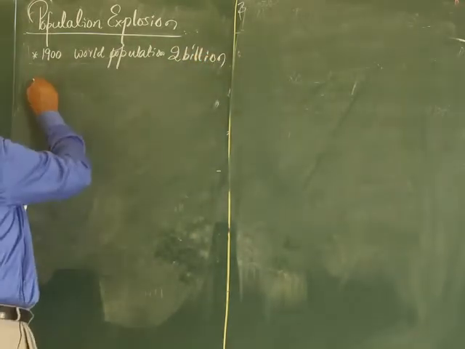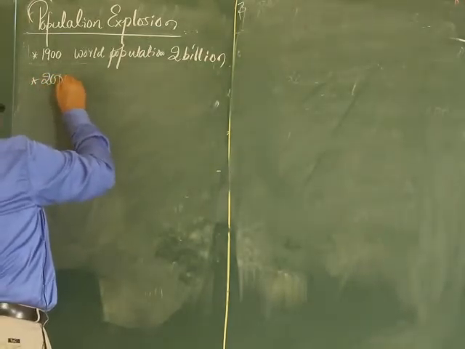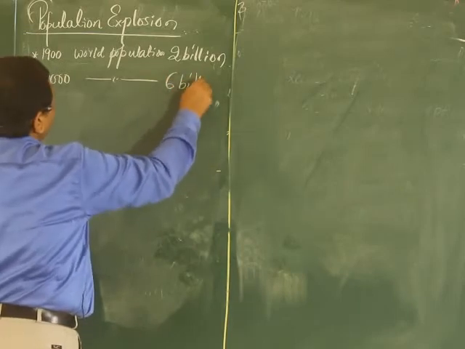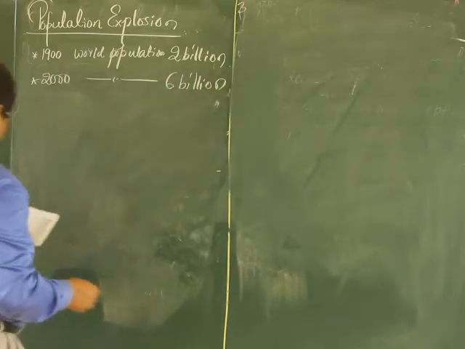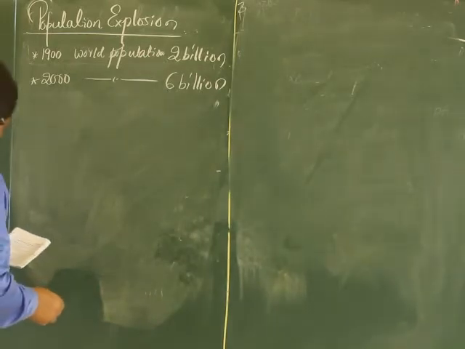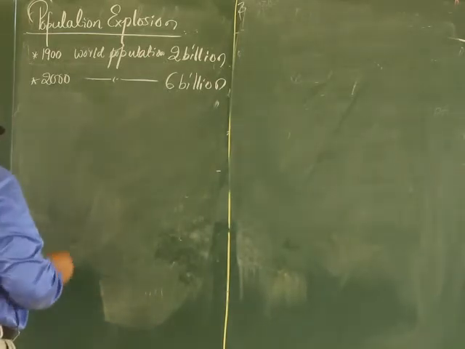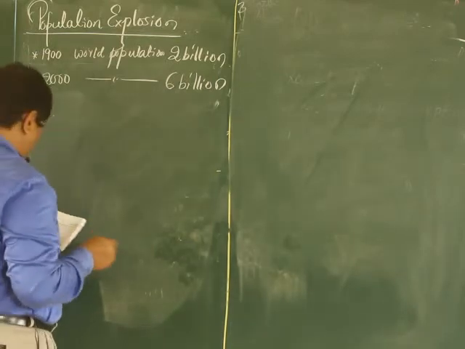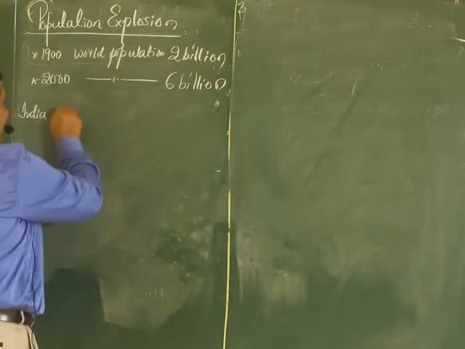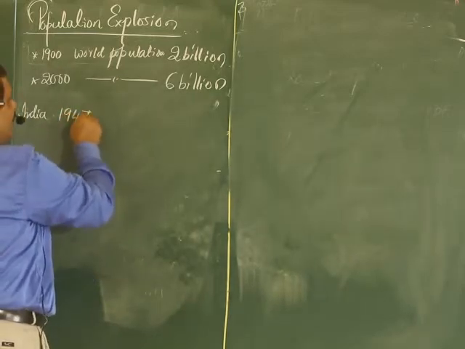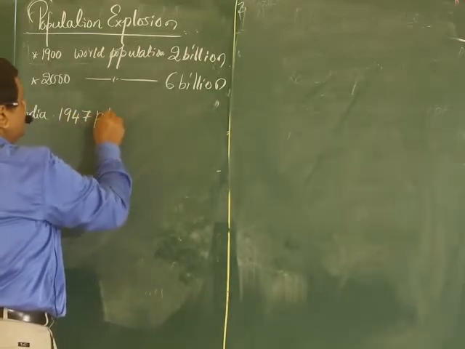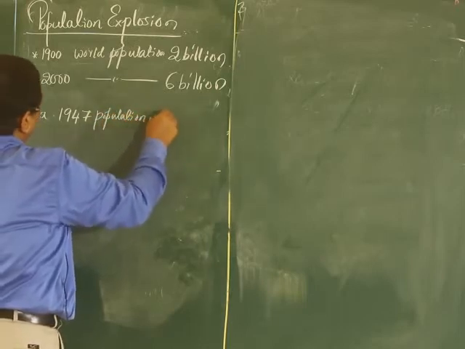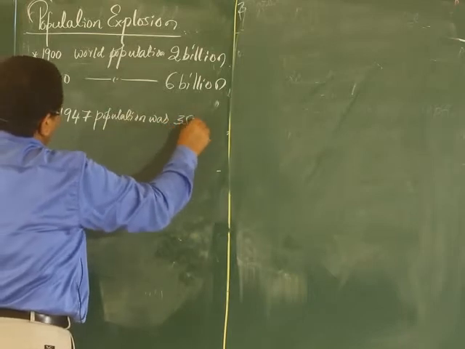In 2000, the world population increased to about 6 billion. In India, in 1947, the population was 350 million.